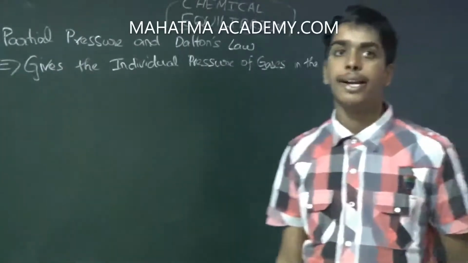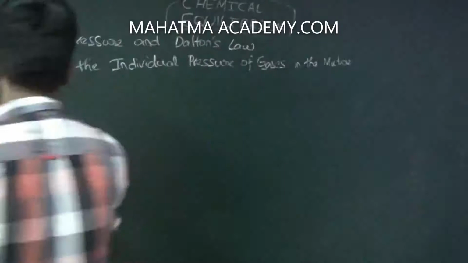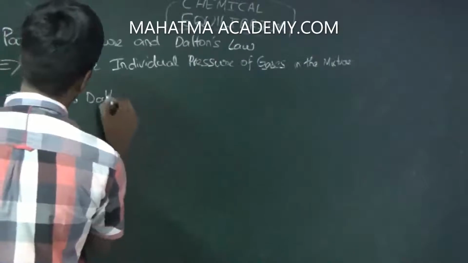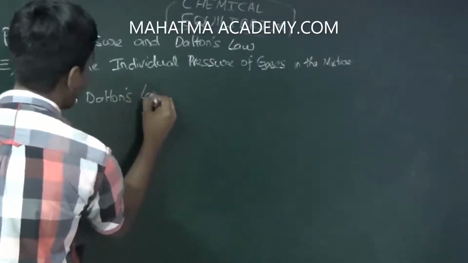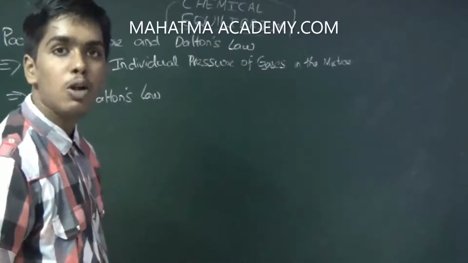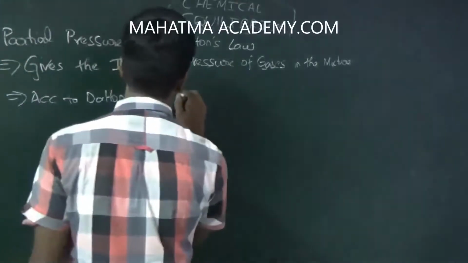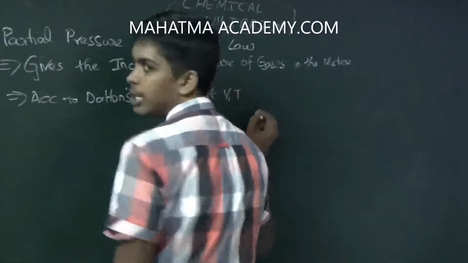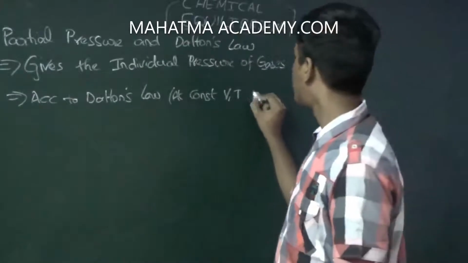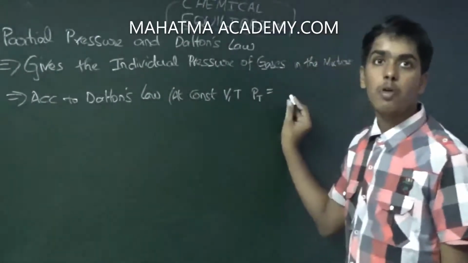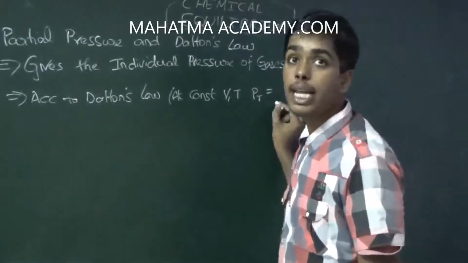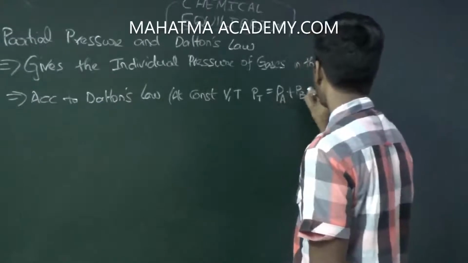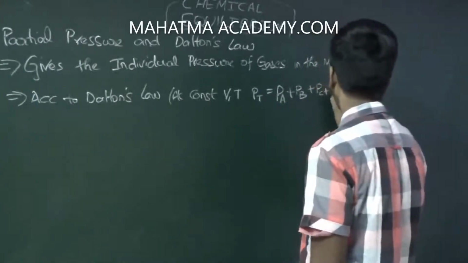Now, according to Dalton's law, at constant volume and temperature, the total pressure is equal to the sum of the individual pressures present in the gaseous mixture: PA plus PB plus PC plus PD equals PT.